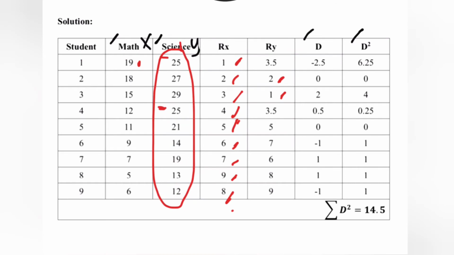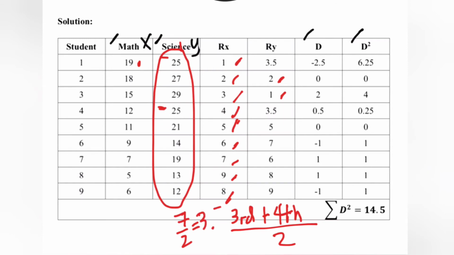Since kukunin mo yung pang third spot, third, and then plus 4 kasi dalawa eh. And then, i-divide sa 2 kasi dalawa. So, ibig sabihin, kapag dinivide natin ito, meron tayong 7 over 2. That means 3.5 yung rank nilang dalawa. So, kung pang 3.5 yun na ilalagay natin kasi dalawa lang naman yung 25 eh. So, therefore, 3.5.